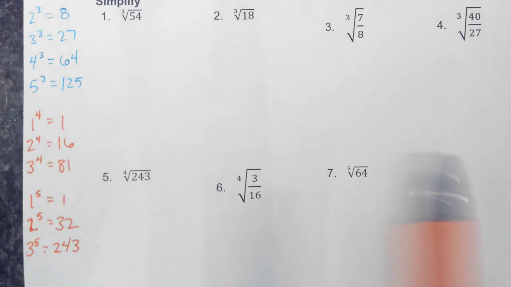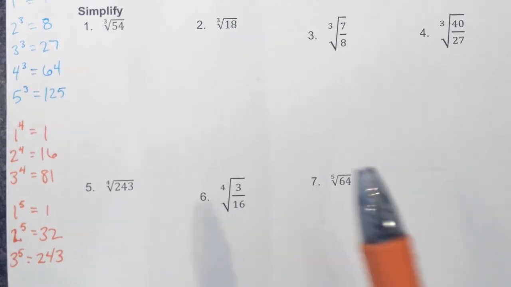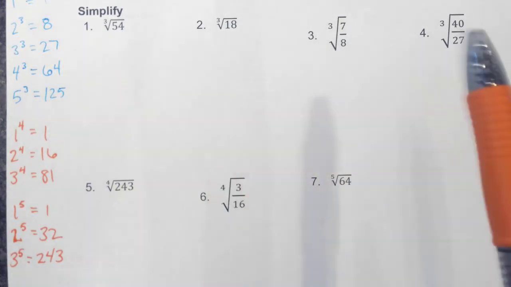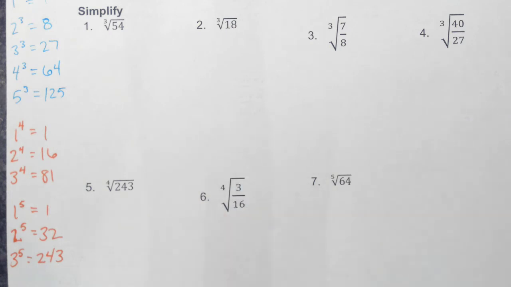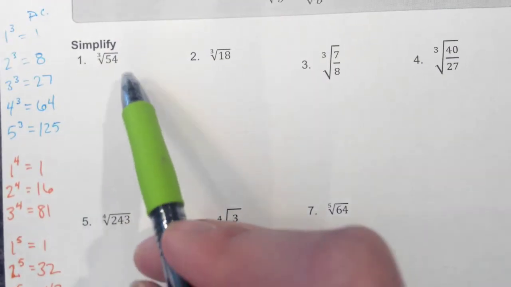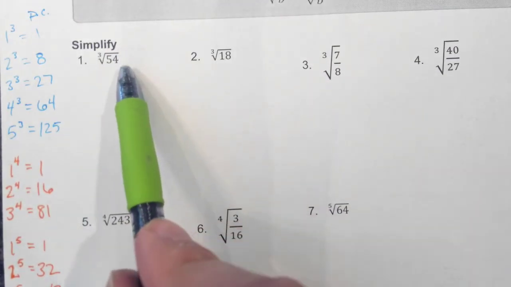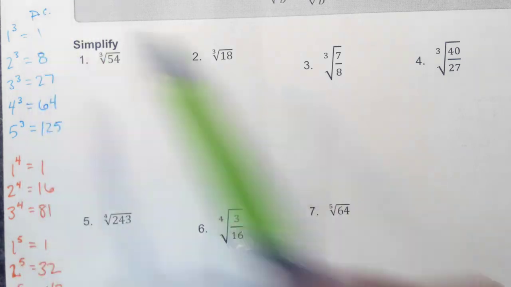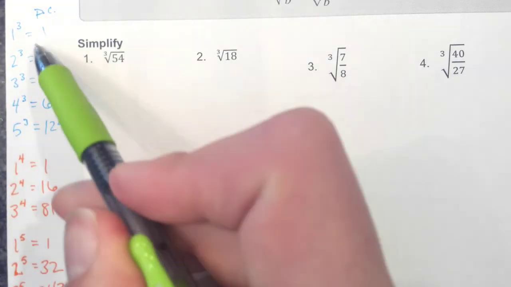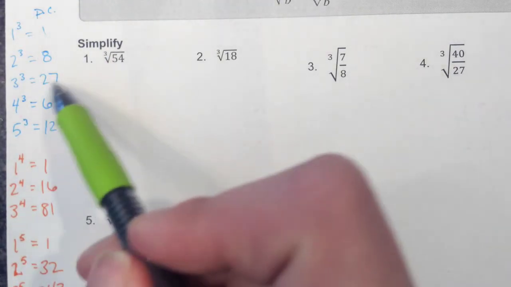So that would be enough to know the cubes and the fourths and the fifths. We're going to use that information to help us with simplifying these cube roots on top, these fourth roots, and that fifth root on the bottom. So let's look. Cube root of 54. We're not looking for perfect squares that divide 54. We're looking for perfect cubes that divide 54. Which of these divides 54? Well, 27 does.